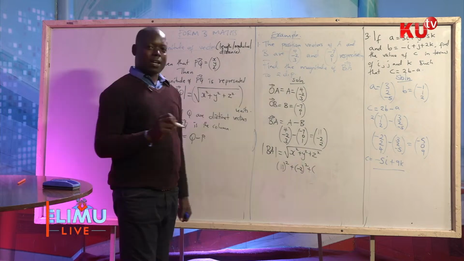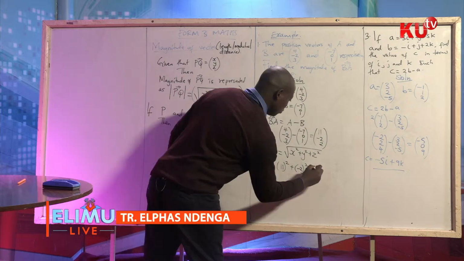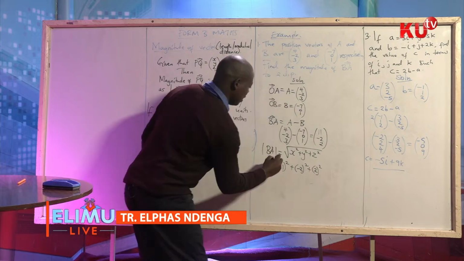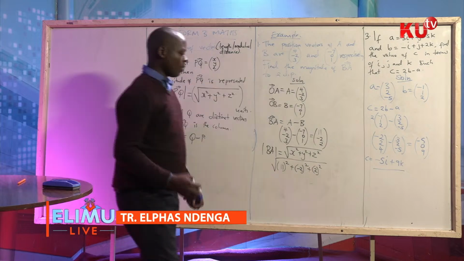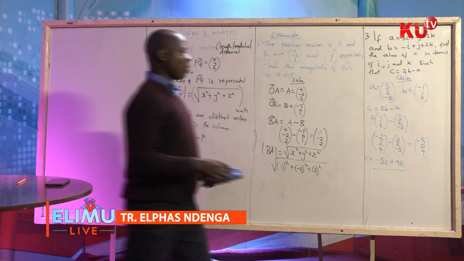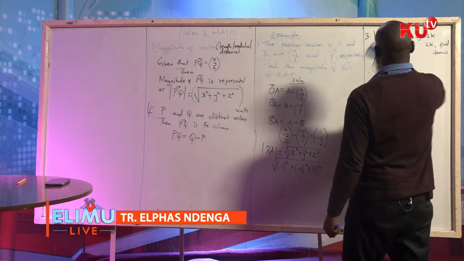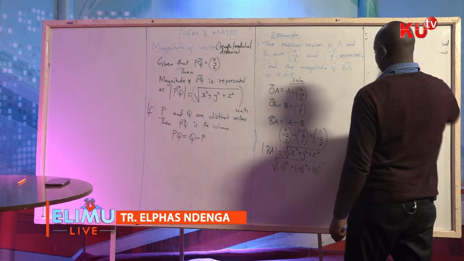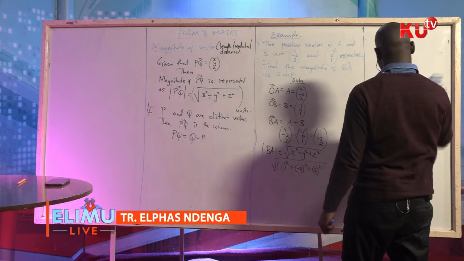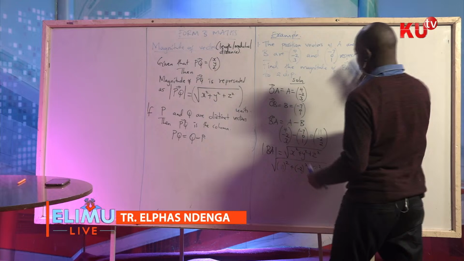Z squared, that will be 2 squared. Then we find the square root. That gives 11 squared plus negative 2 squared plus 2 squared.